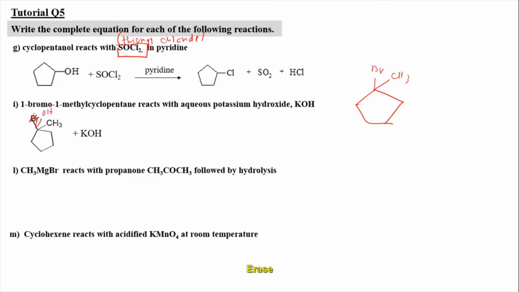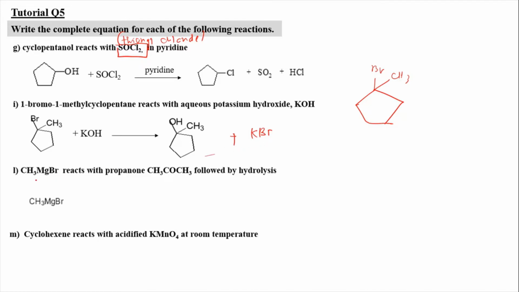This is according to the SN1 mechanism, which is a nucleophilic substitution reaction. So OH is going to replace the Br, and you can also write the byproduct if you want, which here is KBr.